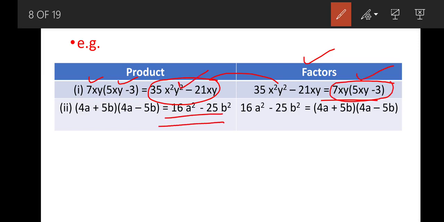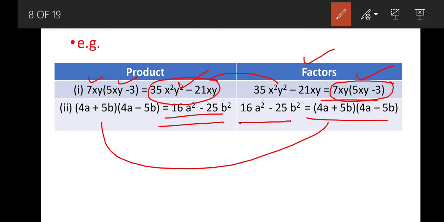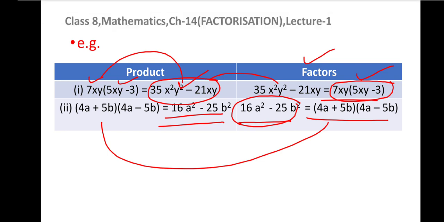So 4a plus 5b and 4a minus 5b are the factors of 16a square minus 25b square. Likewise, 7xy bracket 5xy minus 3 are the factors of 35x square y square minus 21xy.